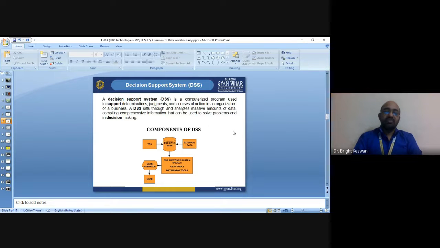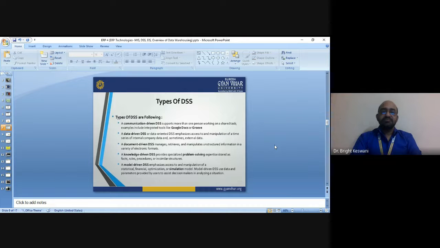Let us talk about the types of decision support system. The number of decisions in the operational management and some at the middle management are such that they are based on one or two aspects of decision making situations.